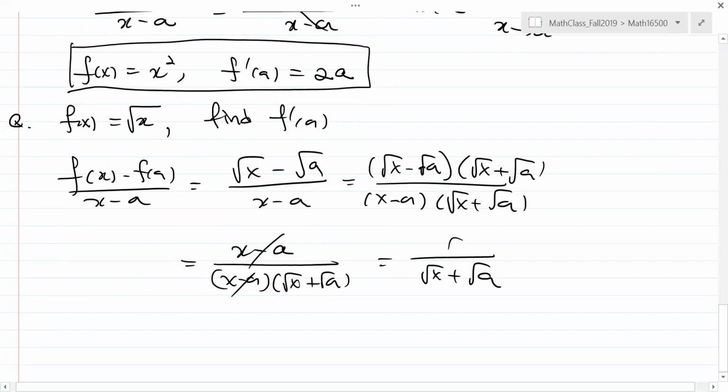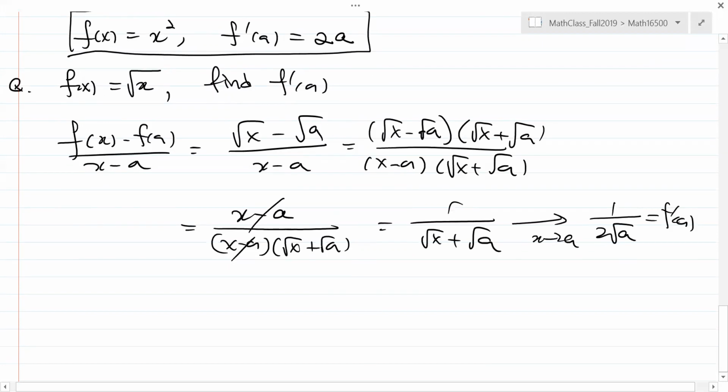All right, so this is what we get. Then you let x approach a, and you get 1 over twice the square root of a, which is the derivative of the function. So I'm going to list this here.